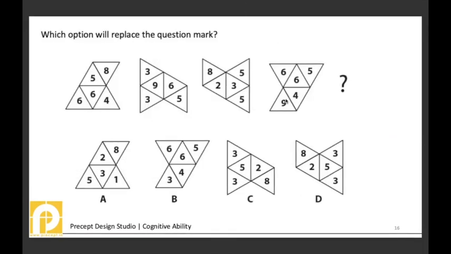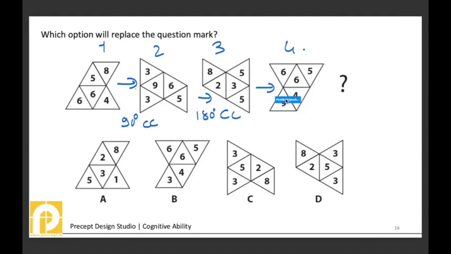Which option will replace the question mark? In this case, if you look at the orientation of all the options, they are different. So it is better to check in terms of rotation how the triangle is rotated. From first to second figure, the rotation is 90° clockwise. From second to third, the rotation is 180° clockwise.